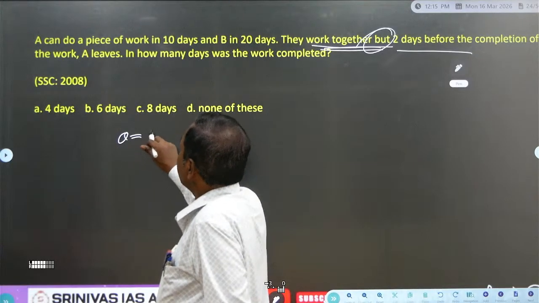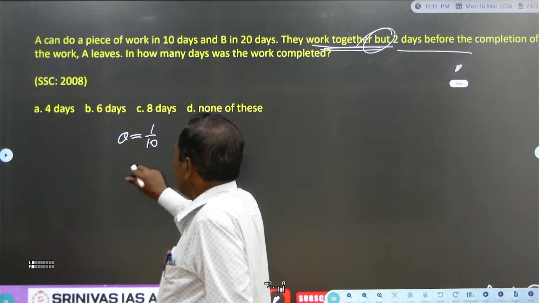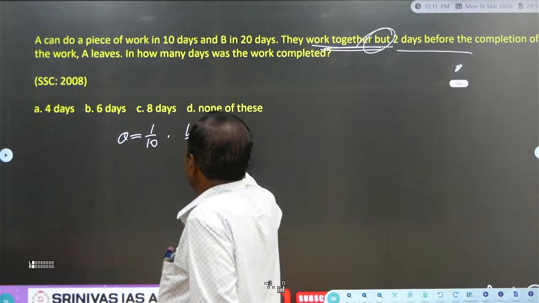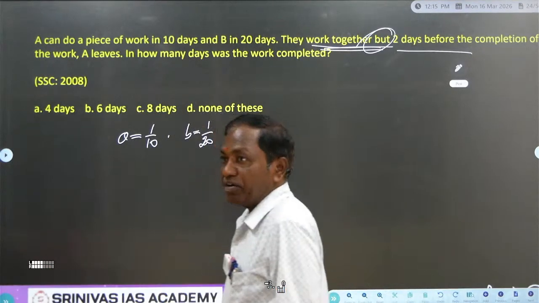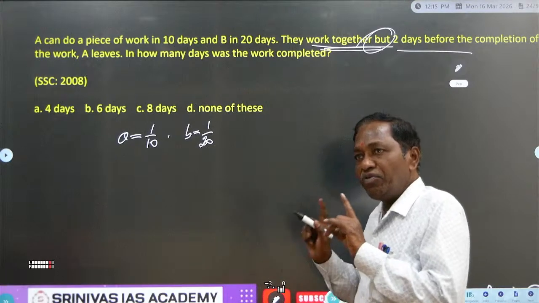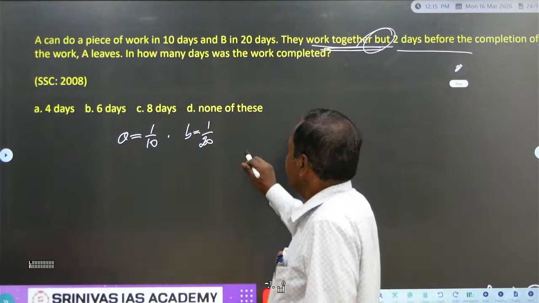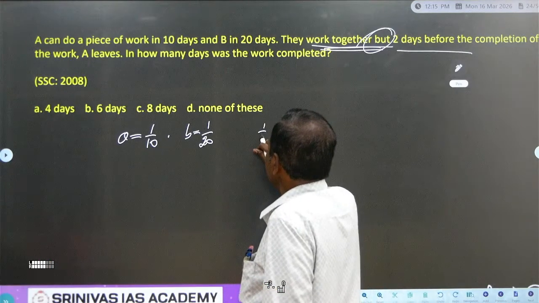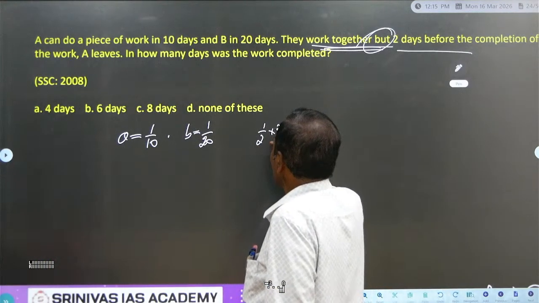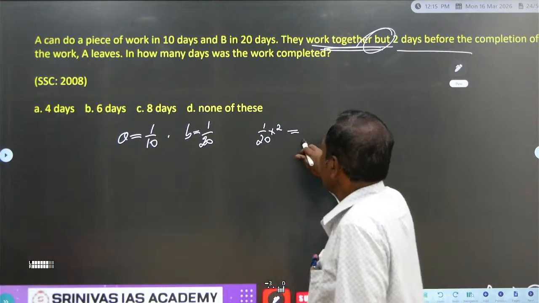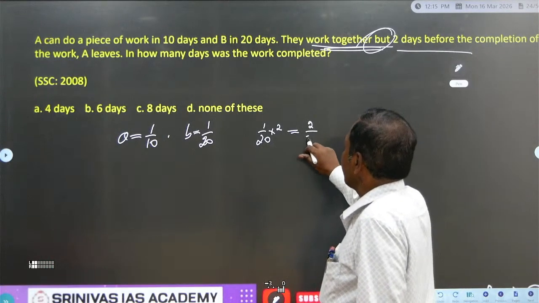1 day work of A is what? 1 by 10. 1 day work of B is what? 1 by 20. But B will work 2 days. The last 2 days B alone will work. 1 by 20 into 2, this is 2 by 20.